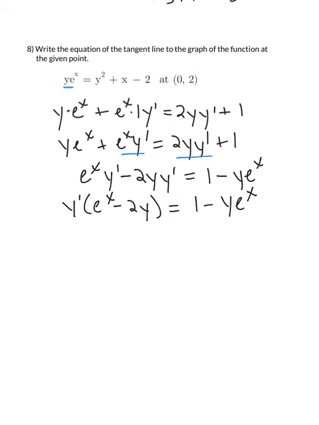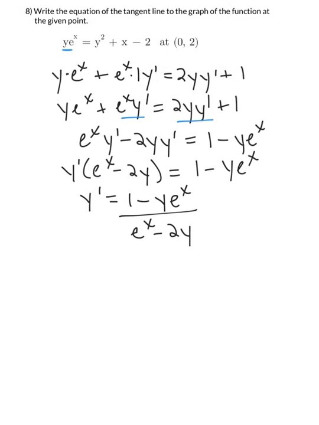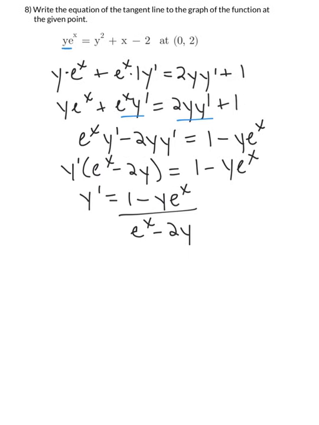Divide by the quantity to get y prime alone. So your final answer for your derivative will be 1 minus y times e to the x over e to the x minus 2y. Now that we know the derivative, we need to find the slope of the tangent line.